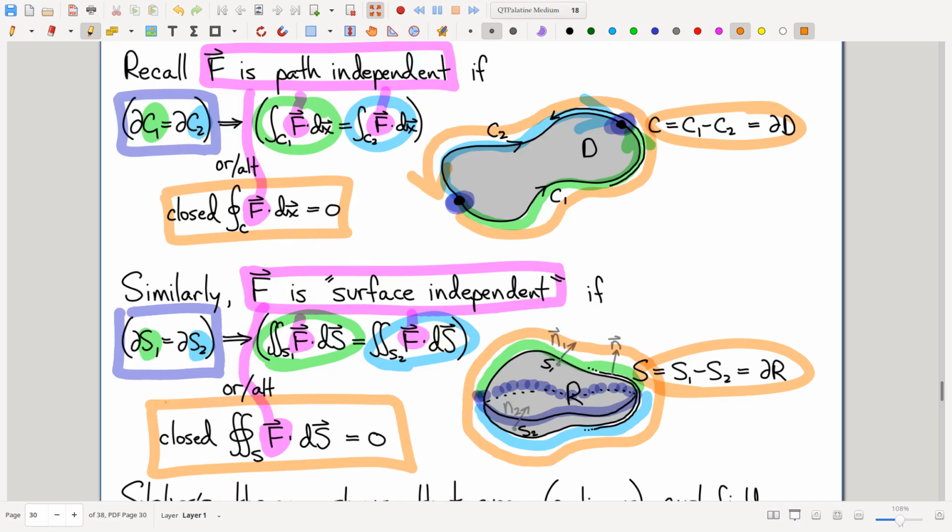So if it is surface independent, then the integral is just 0? The flux through a closed surface S must be 0. That's right. In the same sense that if you have a path-independent vector field, line integrals around closed curves have to be 0. And we saw some examples of it.